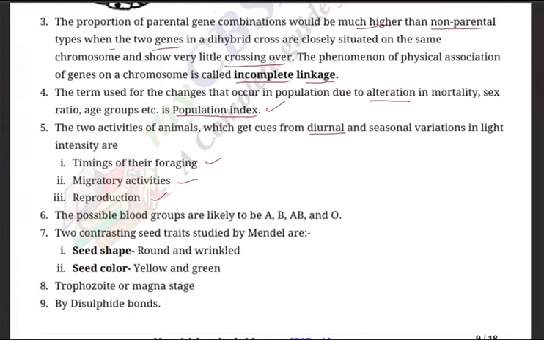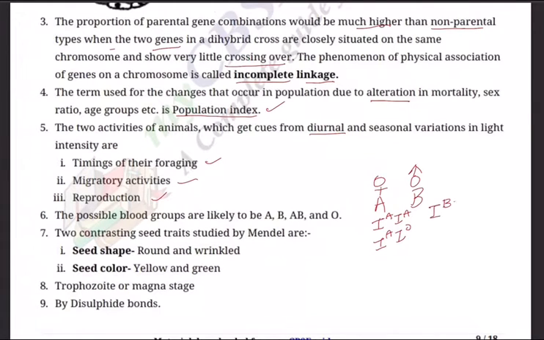Question number 6: what will be the possible blood groups likely to be inherited by children born to a group A mother? So here you need to write mother group A and father group B. First you must write this, then accordingly you write the genotype. If it is A, it has to be IA IA, that is one chance, another one is IA i.